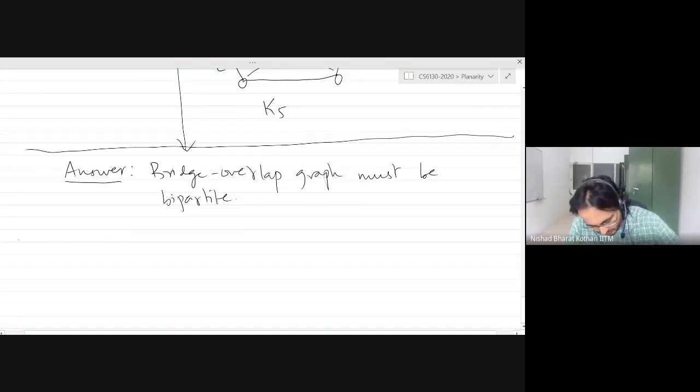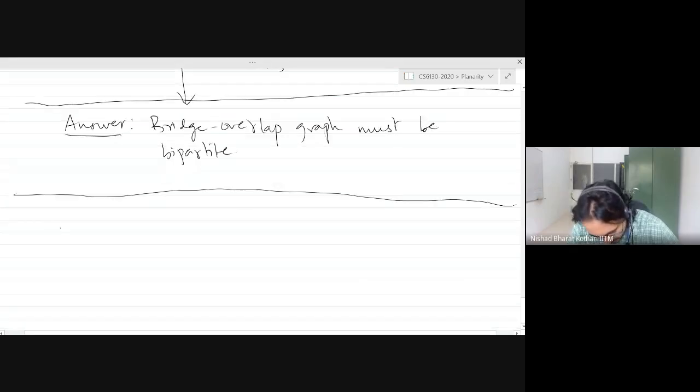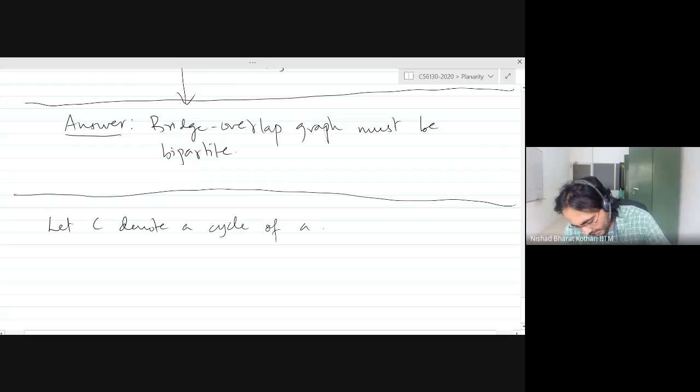Let me just write down the formal definition and then give you some examples. Let C denote a cycle of a connected graph. You can assume 2-connected if you like, doesn't matter.